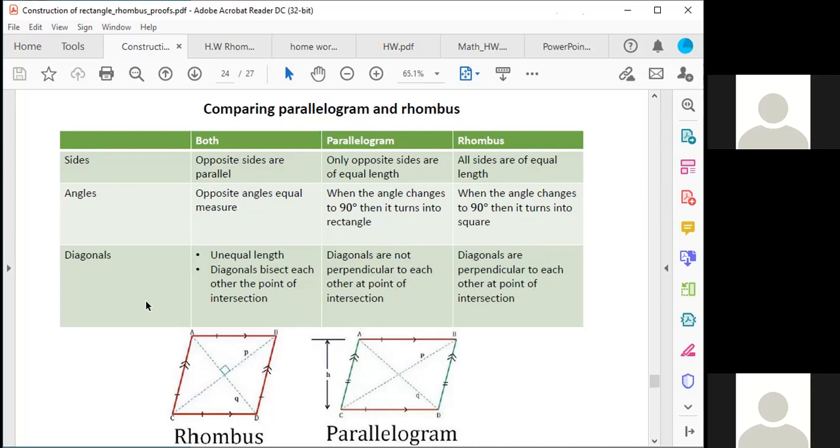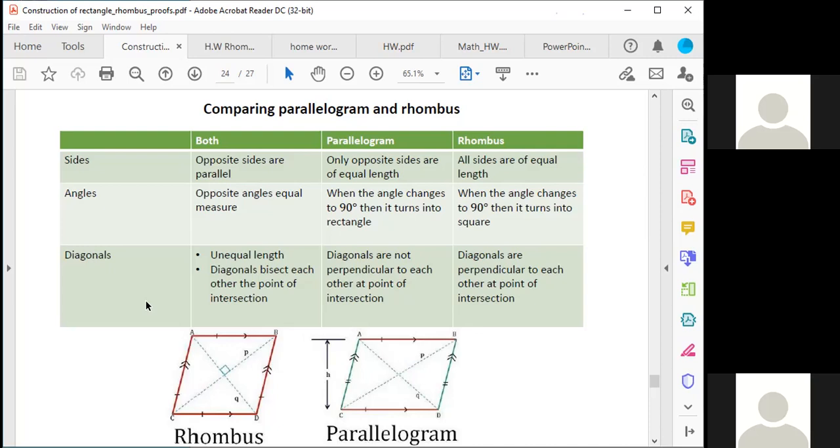It's easier to check if side lengths are equal rather than see whether they're parallel or not. I'm not saying that is wrong, but when you're checking, it's a good idea to keep things as simple as possible. So in case of both, you will notice that it will be identical to what the parallelogram thing is.